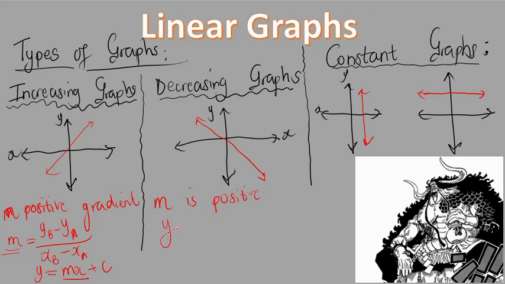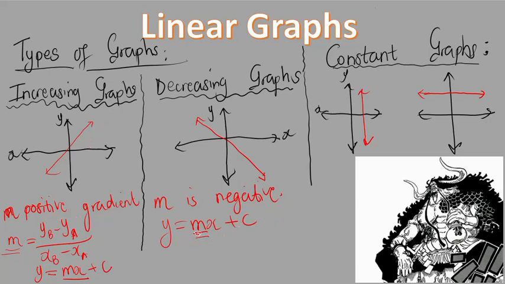So which means in this equation, if your m is negative, you have a decreasing graph. Negative m, decreasing graph. Positive m, increasing graph.